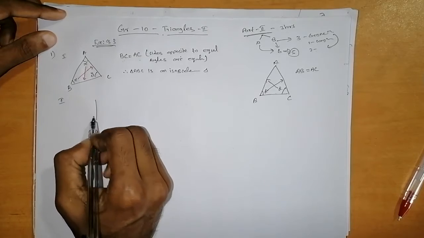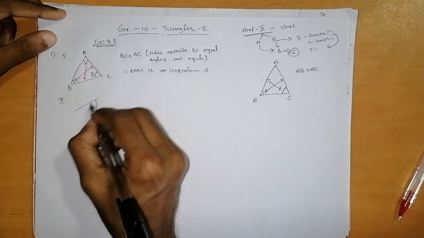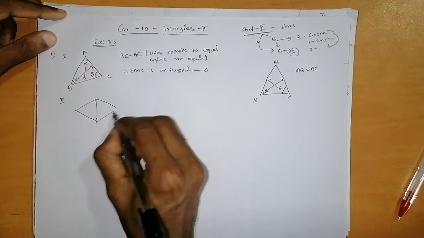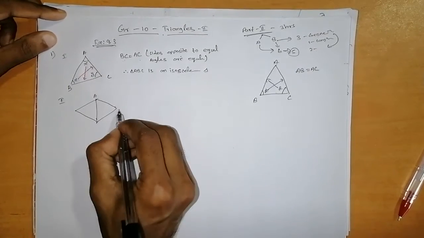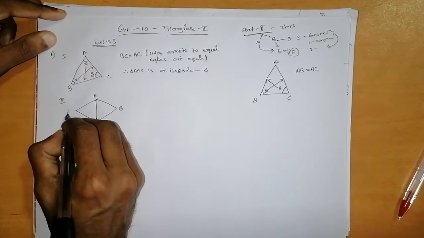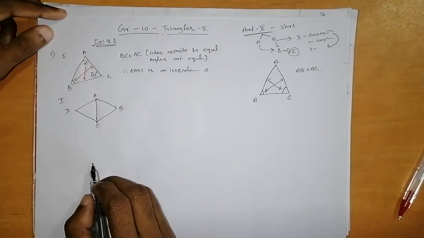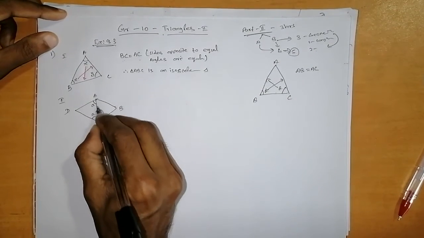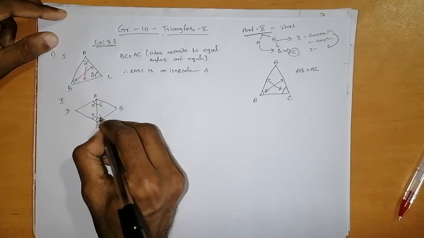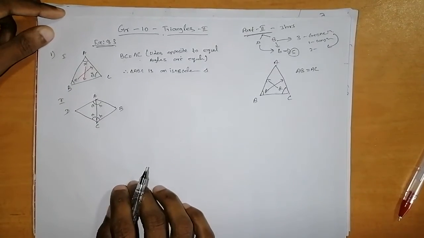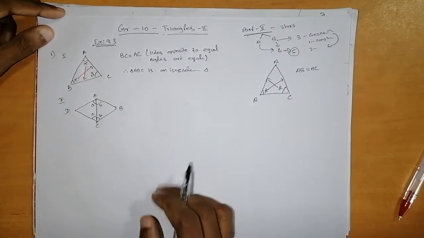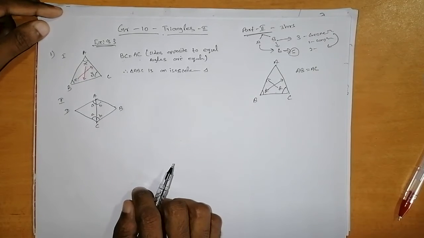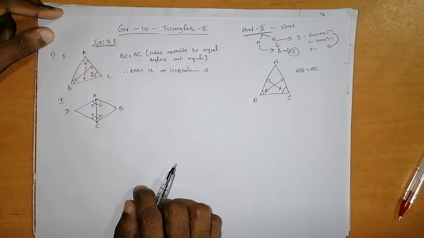Okay, the second part, we are given two triangles, A, B, C and D. The angles of the triangles are given as A and A, B and B. Earlier we discussed, if two angles are equal, the opposite sides of the equal angles are equal.